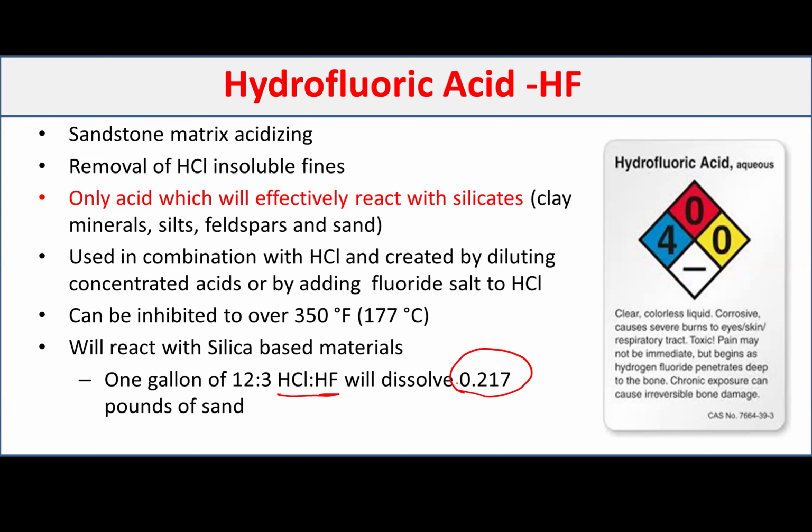Corresponding to our HF system, we're talking about 0.217. So you can see the difference between the solubility power of HCl in carbonate, which is really huge, versus HF in sandstone, which is a little bit lower, but still good enough to enhance and give us a better permeability after treatment.